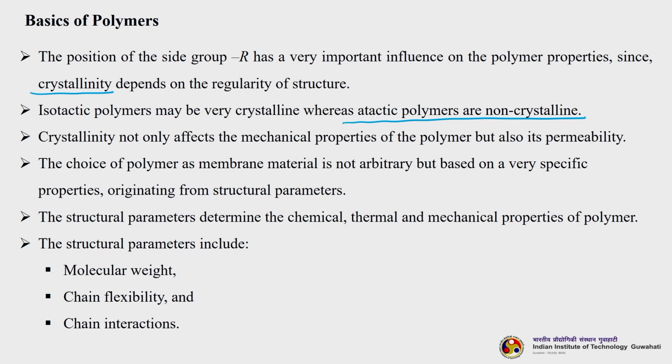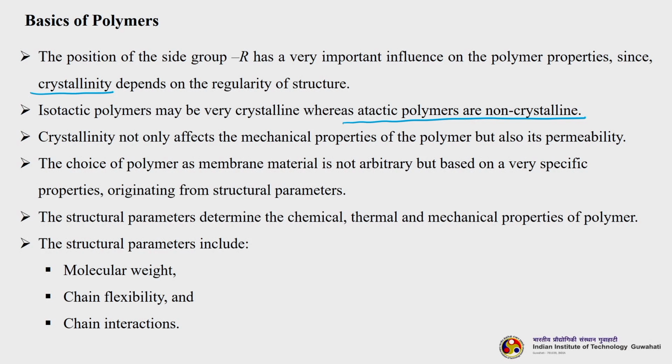So, the choice of polymers as membrane material is not arbitrary, but based on very specific properties originating from the structural parameters. That is what I was telling in the beginning of the class, that which polymer to be chosen for a particular separation or for a particular targeted application, it is to be decided based on so many things.